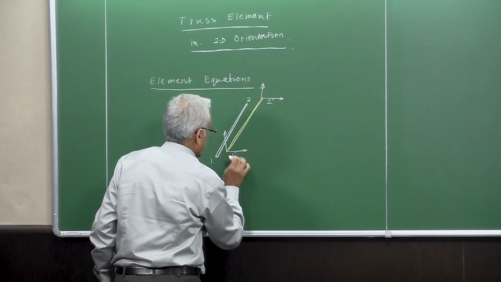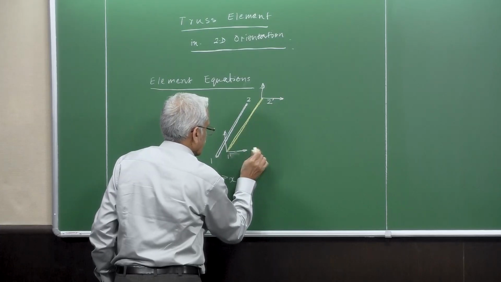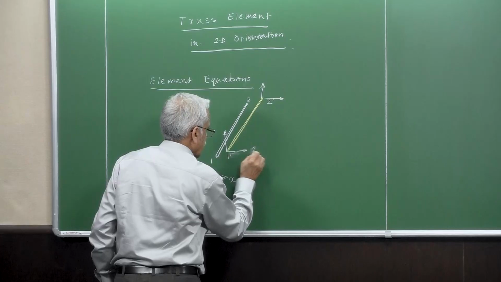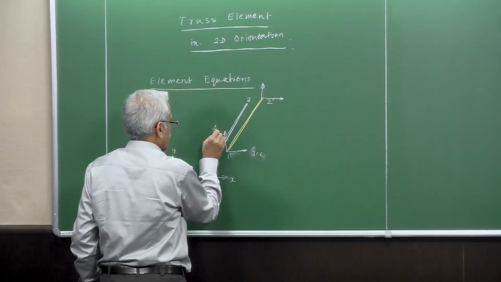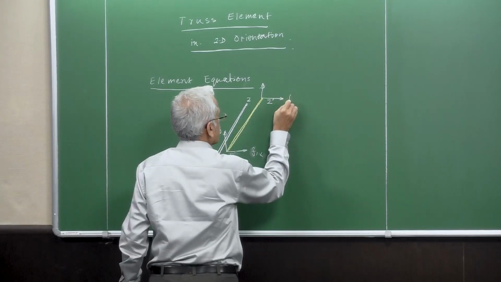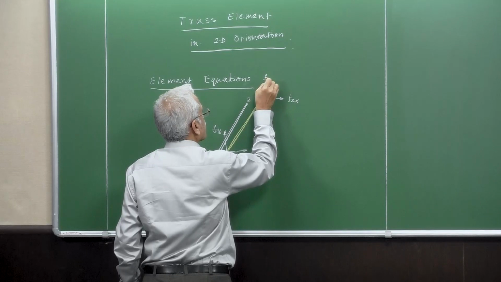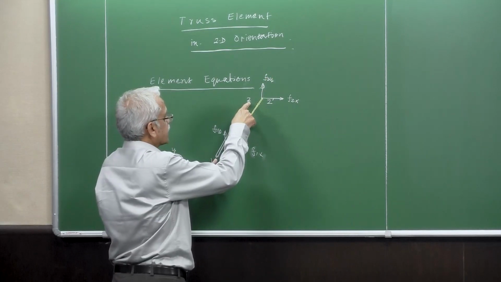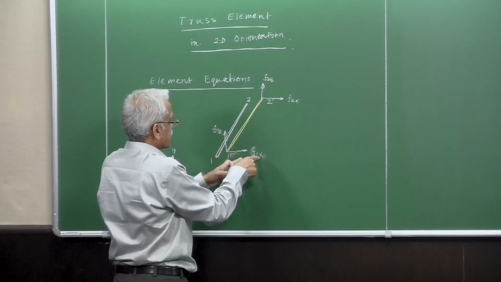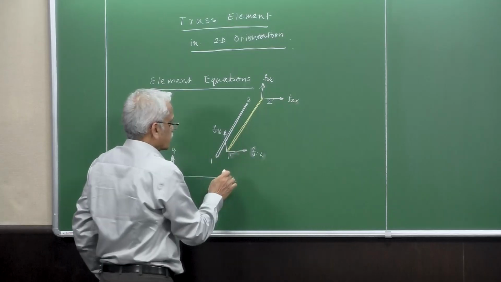We call these F1x and F1y, and F2x and F2y. So these are the forces. This is the original configuration, and then under the action of F1x, F1y, F2x, F2y, it has moved to a new position.